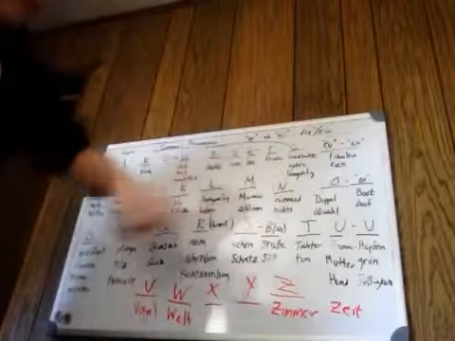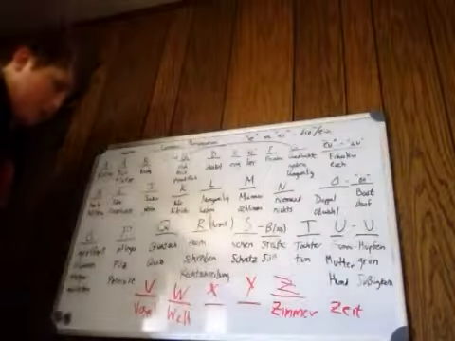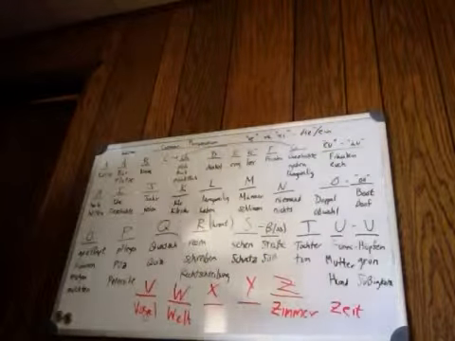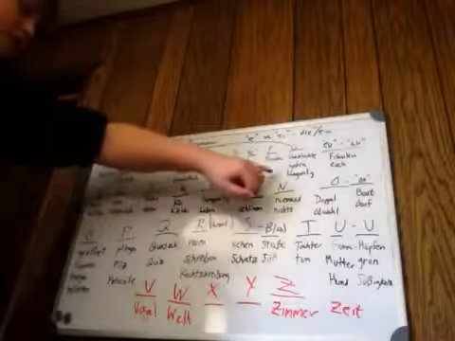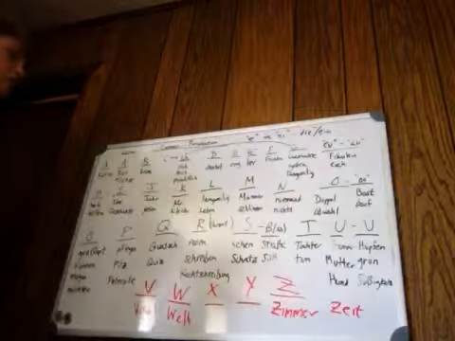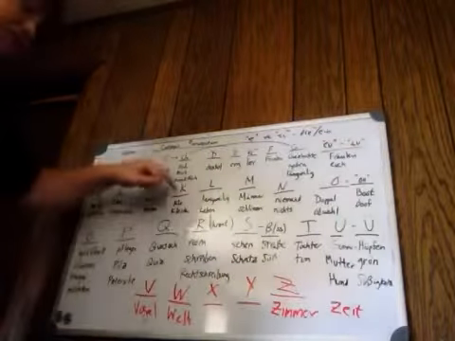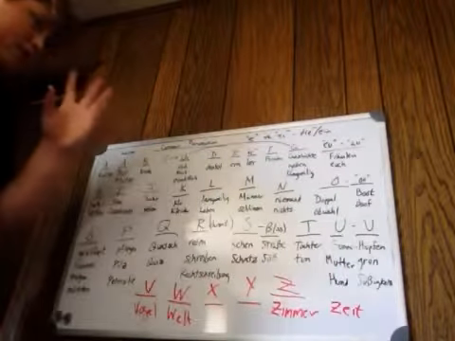Langweilig. Now, when a G ends a word, which is pretty common, it can do one of two things. Some people pronounce it langweilig, stopping the G pretty quickly, or they'll pronounce it like a CH at the end. It depends.